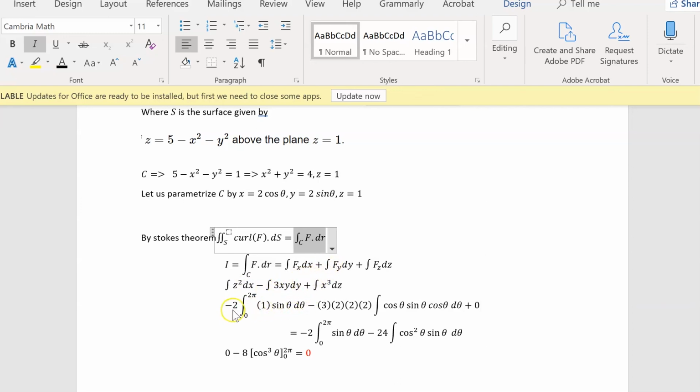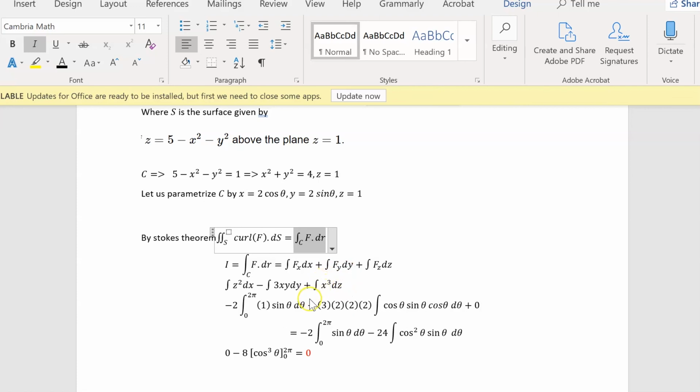Then we have 3xy dy, so x is 2 cosine theta, y is 2 sine theta, and dy is 2 cosine theta d theta, so there are three 2s and a 3 outside. And in the last part, because z is just 1, a constant, dz is 0, so this is 0.